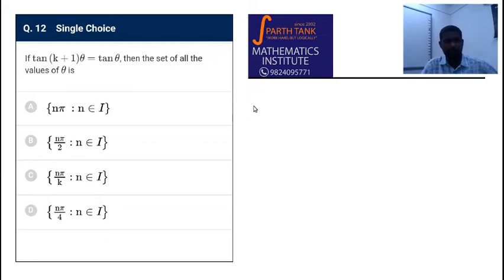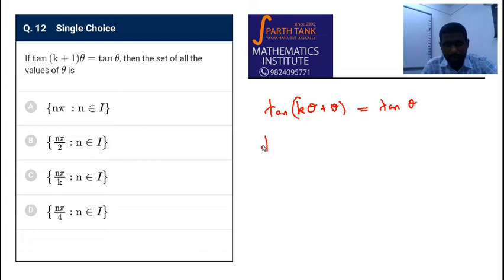If tan (k plus 1) theta is equal to tan theta, then the set of all the values of theta is... Very simple problem. Let us just go straight forward, expanding this. The term can be written as tan(k theta plus theta), right?